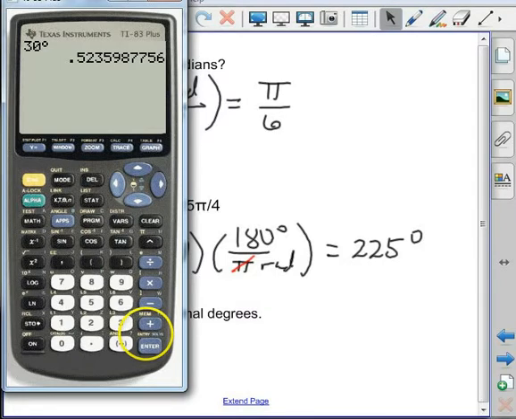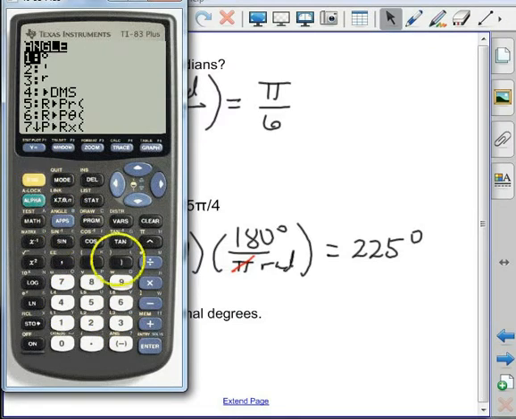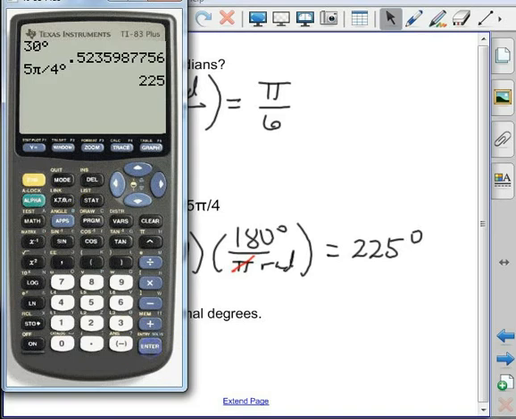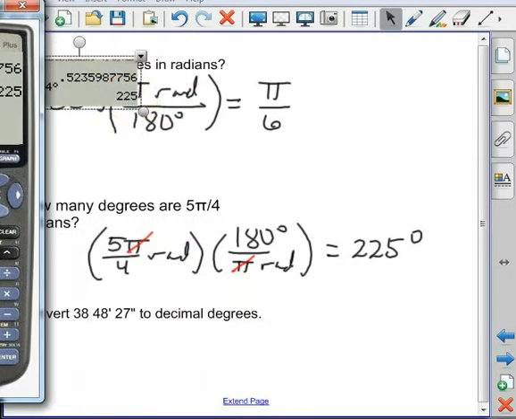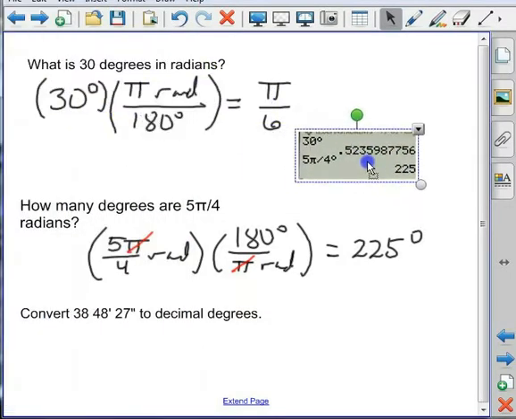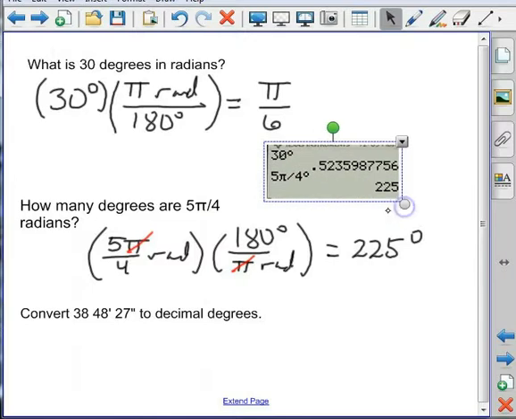If I want to go from radians to degrees, I can type 5 pi over 4, second angle, hit degrees, 225 degrees. Most of the time, though, the conversions are easy enough that we can just do it in our head. Later on, we'll talk about which angles you need to have memorized in terms of degrees and in radians.